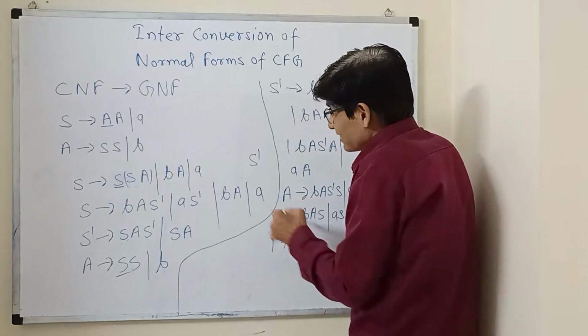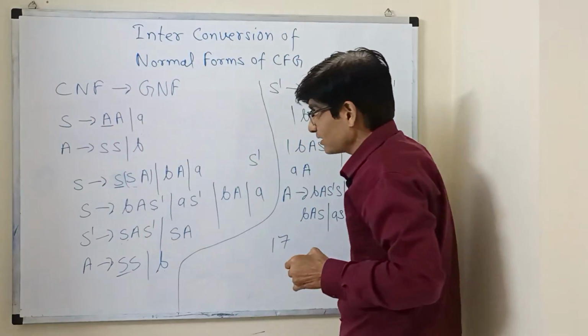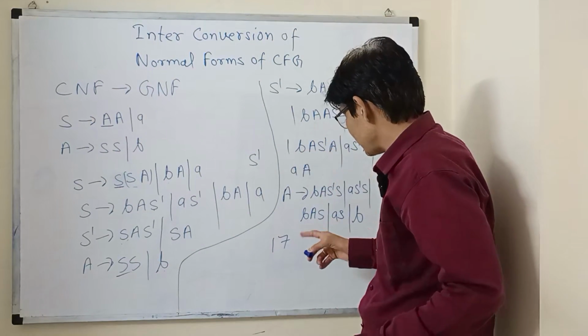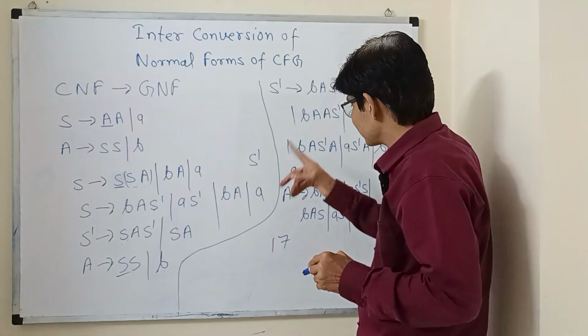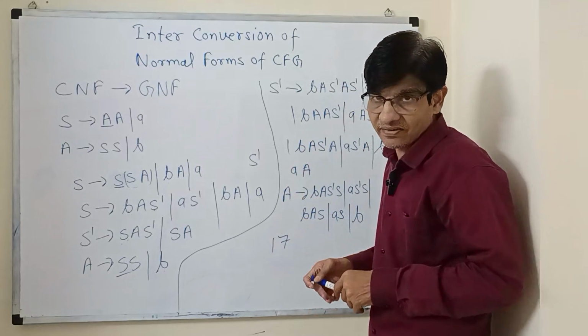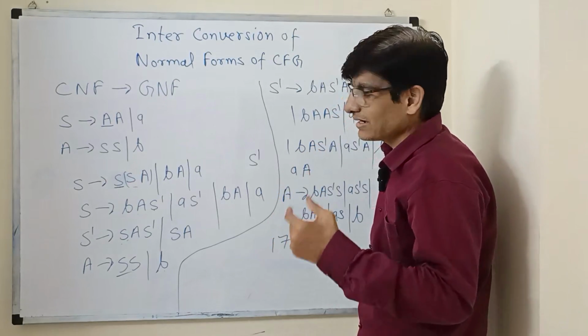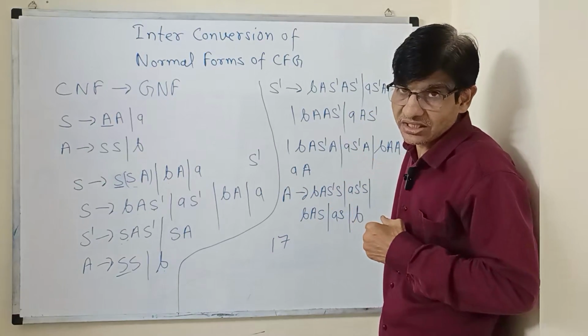And this grammar is equivalent to this grammar. This is in CNF and it is in GNF. You can see all the productions of this grammar are in GNF. So this is how you can convert any given grammar into GNF.